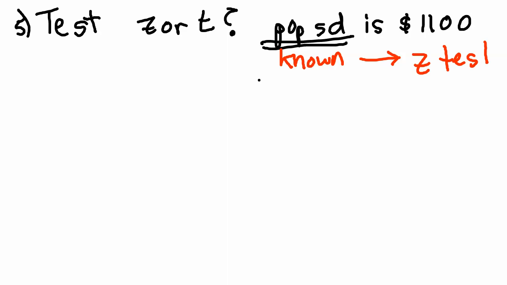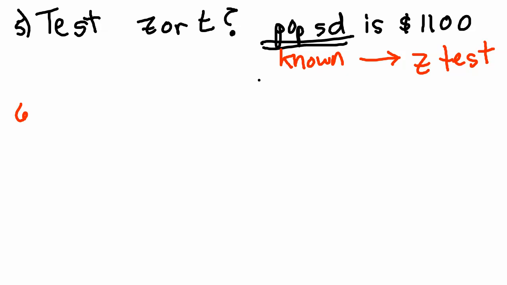If we don't know the population standard deviation, it's a t-test. We know the population standard deviation, and that's hardly the case in any problem. Yes, it's Z, Robert. Yes, very good. That's how you tell.